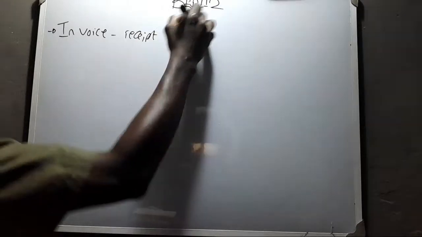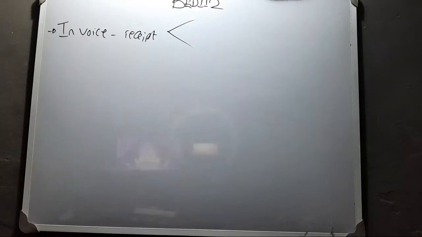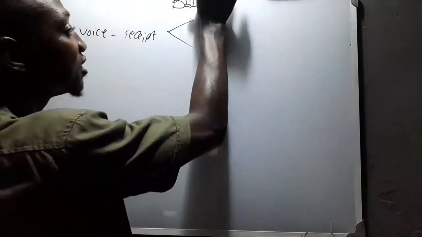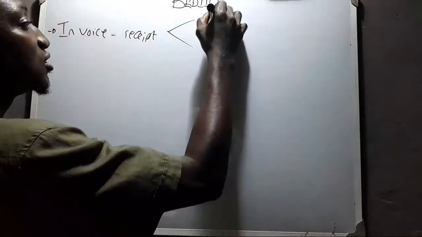Now, if we are to create an invoice with our computer, how do we do that? Here we use single line spacing, just like how we discussed in our last class.